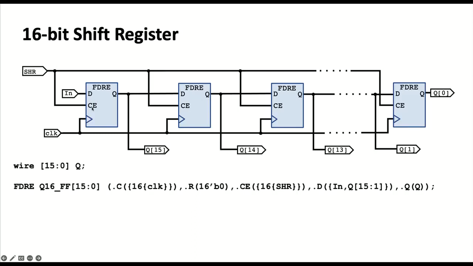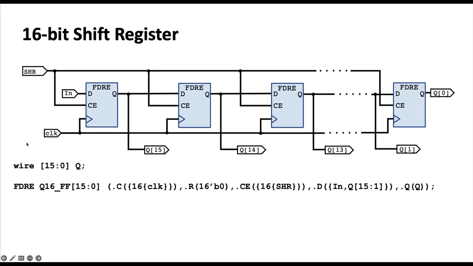I'm going to use the clock enable to tell these guys to shift, right? So my shift input is going to be replicated 16 times since I want them all to shift simultaneously. Now, what do they shift in? Well, the output is Q. The output of the shift register, what's being held by each one of these flip-flops, is called Q.